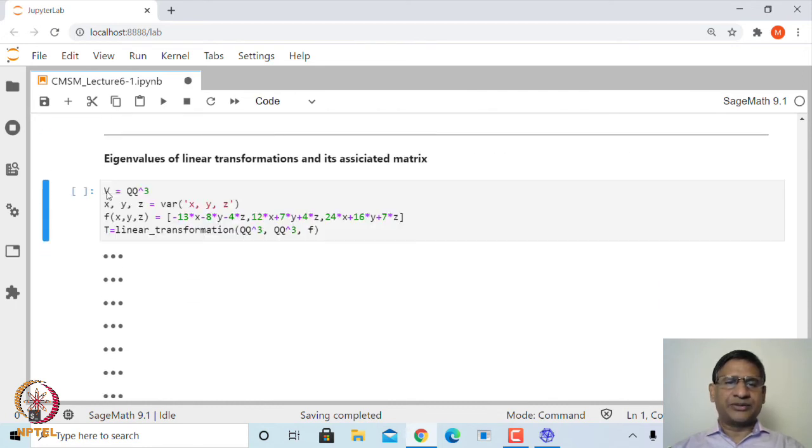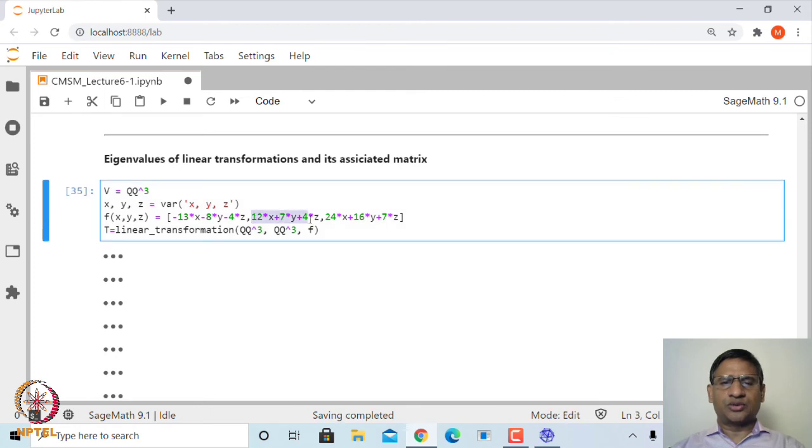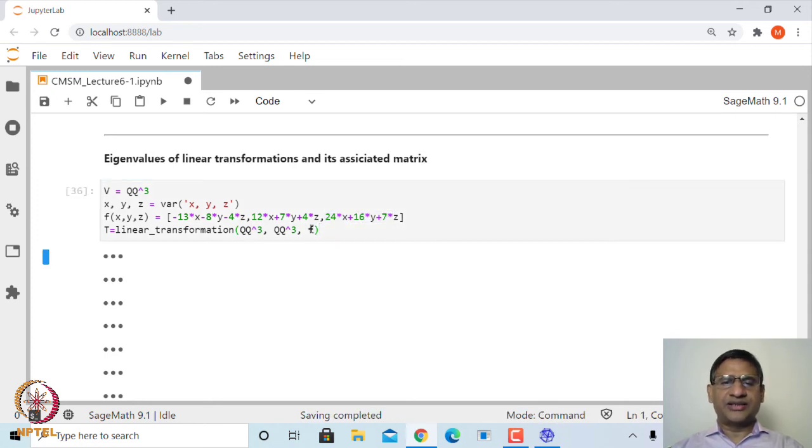Let us take an example. Suppose we have a linear transformation T, a linear map from Q3 to Q3 given by T of x y z equal to minus 13x minus 8y minus 4z as the first coordinate, 12x plus 7y plus 4z as the second, and 24x plus 16y plus 7z as the third. So, let us define this T.